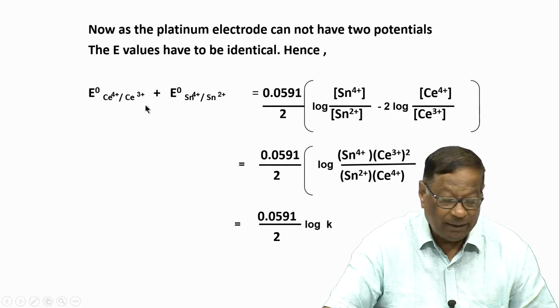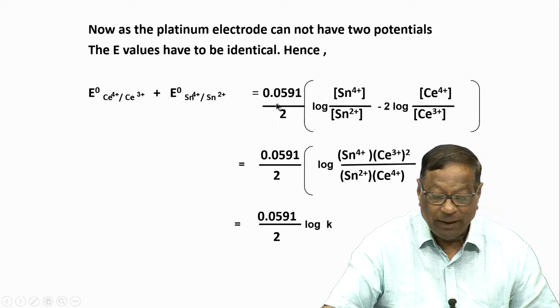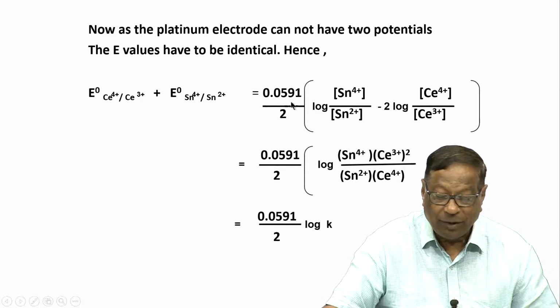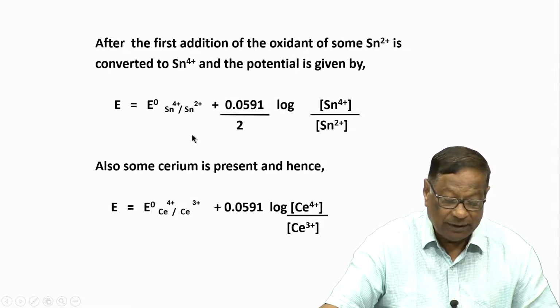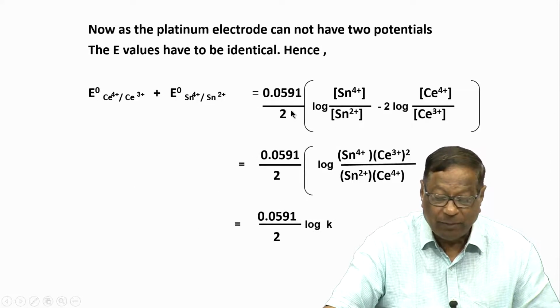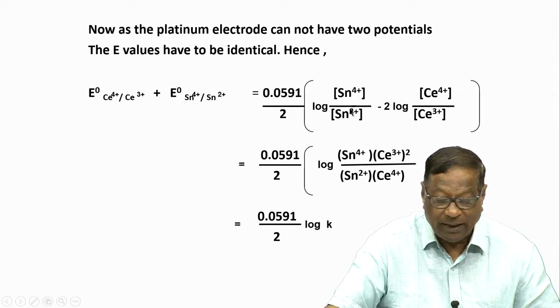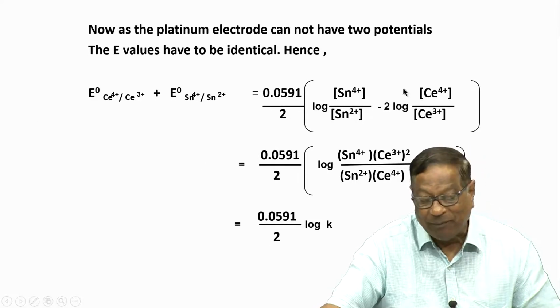So, I can write E naught ceric cerous plus E naught stannic stannous would be equal to 0. I am actually combining the previous two equations, these two equations. I write 0.0591 by 2 logarithm of stannic by stannous minus E A minus E B. This is what I had taught you in the beginning.